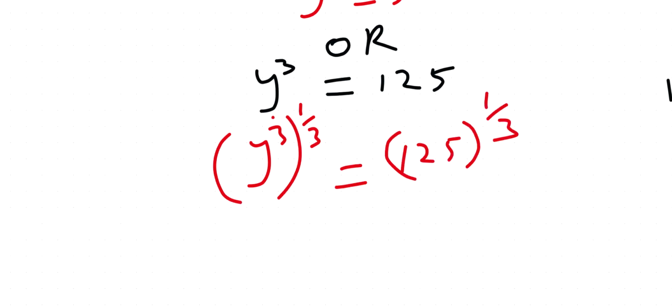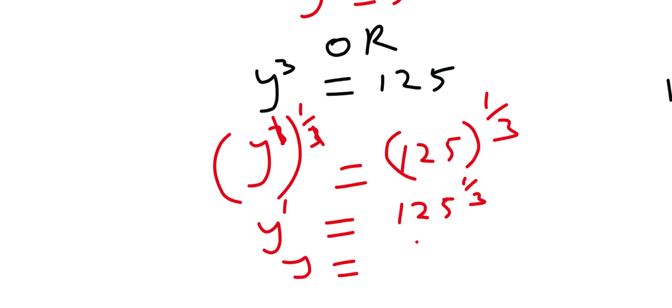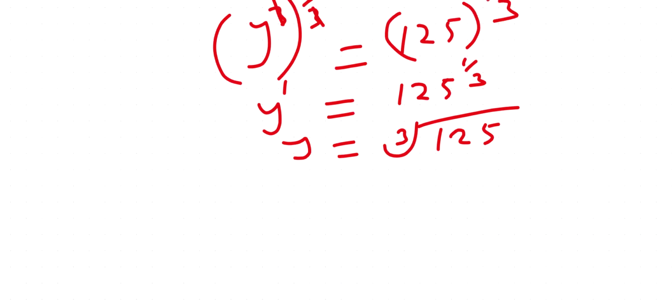You have y raised to power 1 equals 125 raised to power 1 over 3. So y raised to power 1 is y. It becomes the cube root. Like I told you, you have to write that 3 there. Square root is different from cube root. To show you have the understanding, the root number will have to be there. But if it's square root, you don't need to write 2. So from here, we'll come up that your y is equal to 5.